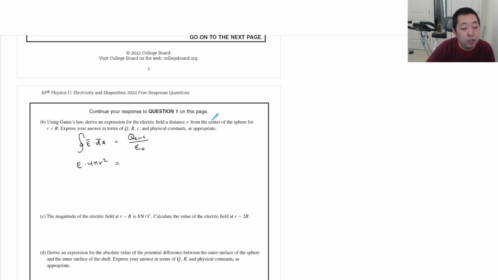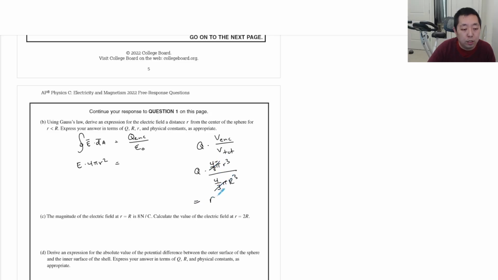The Q enclosed, you have to look at the ratio of the volumes times the total charge. So it's Q times the ratio of the volume enclosed over the total volume, because that's the proportion of the charge, because it's uniformly distributed. So this would be 4/3 pi r cubed over 4/3 pi big R cubed, and so the 4/3 pi's cancel.